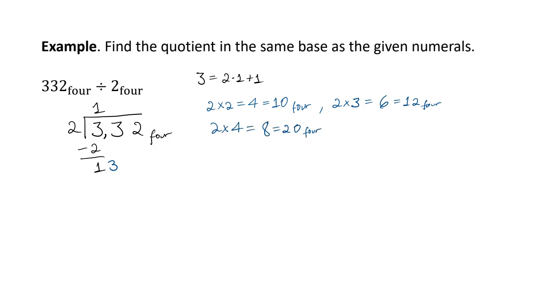So 2 times 4 is 8, which in base 4 is 2, 0. Well, that's already too big because I have a 2 in the place of the 4s. So the largest number that fits would be 3 times. And that gives me 1, 2. So I put that 3 on the top.